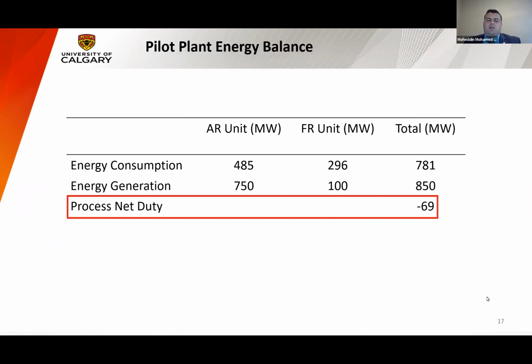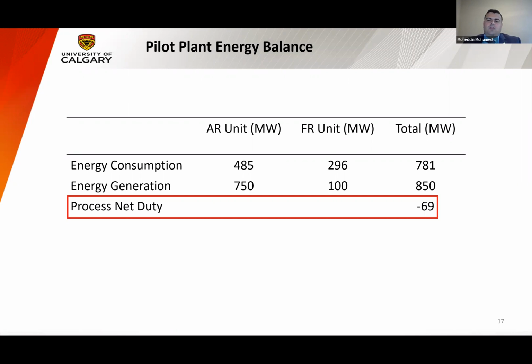For power generation, most of the power generated in this process was from the air reactor unit, where about 750 megawatts of power was generated. The consumption for the air reactor unit was 485.